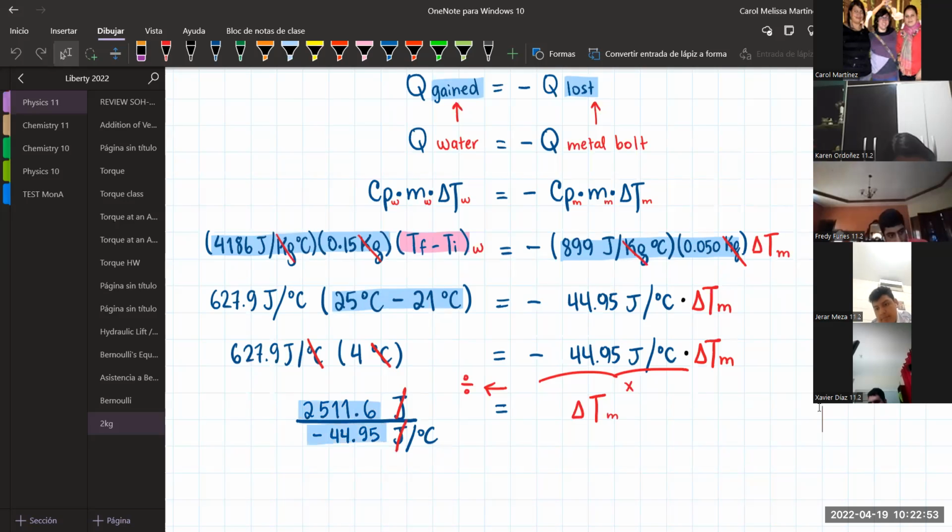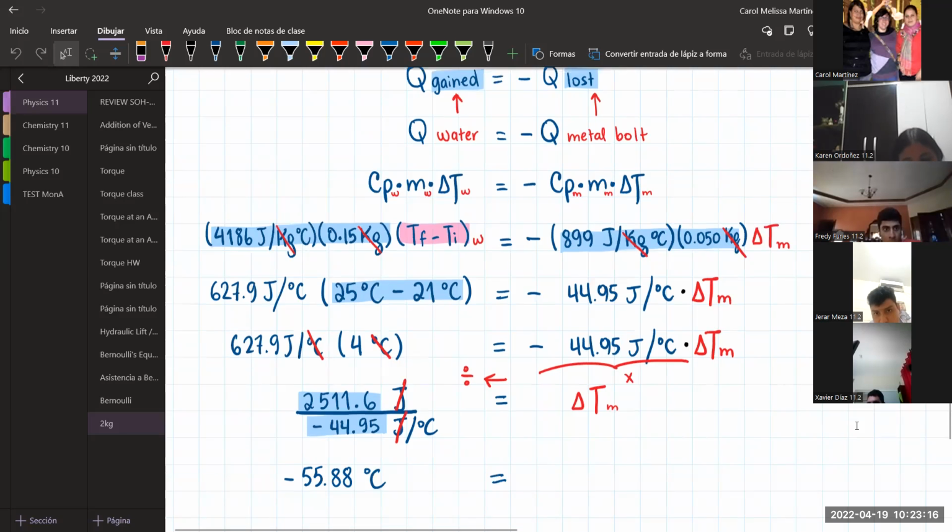Negative 55.87. Negative 55.88 rounded, okay? These are going to be Celsius degrees. And this is equal to delta T.